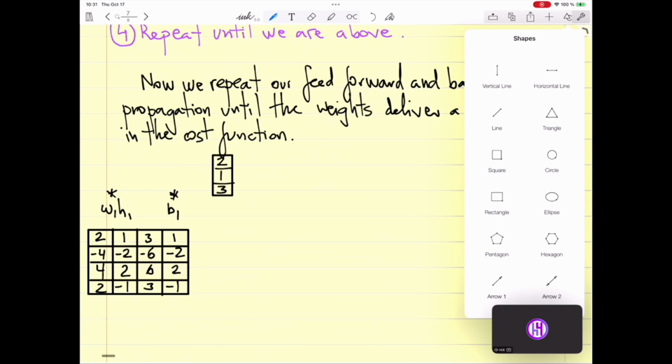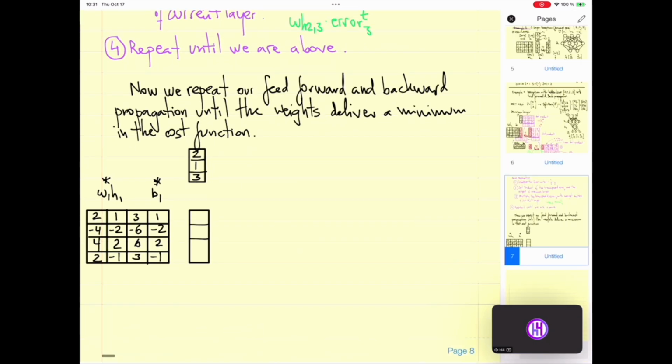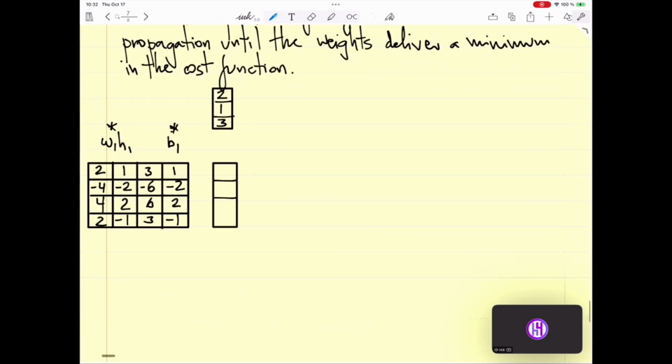When we do our next feed forward, we calculate the new values, because we have updated the weights. So this is 2 times 2 plus 1 times 1 plus 3 times 3 plus 1. So 4, 5, plus 9, plus 1 is 15.